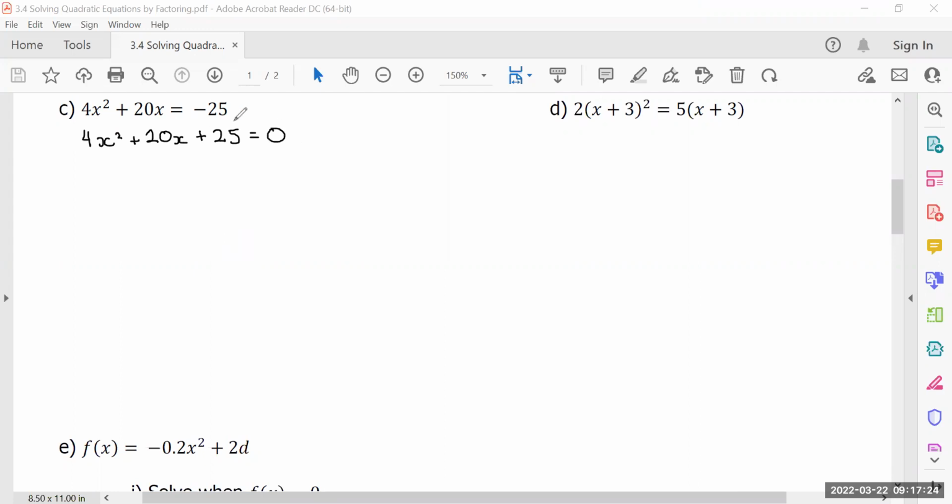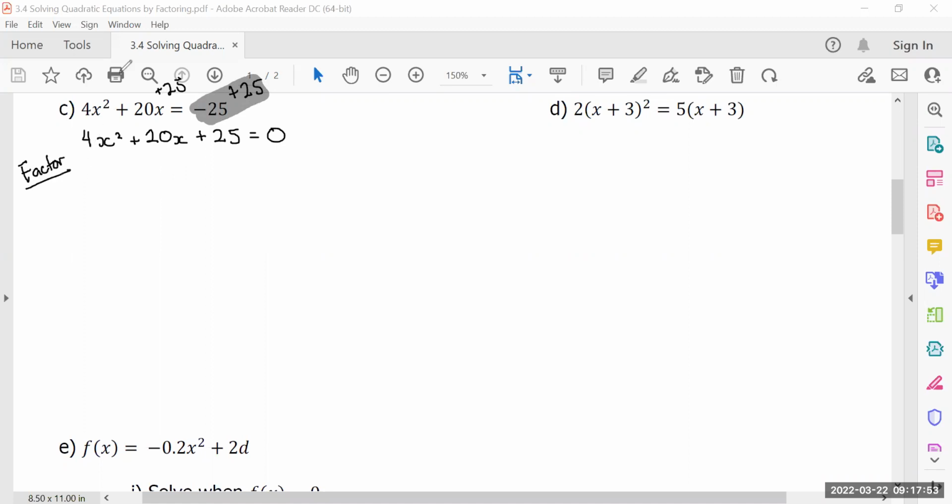If you're wondering why, remember, I want one side to equal 0, so I chose negative 25. I added 25 to both sides. If I do that, this portion becomes a 0, and then the left side just gets an additional 25 to add.